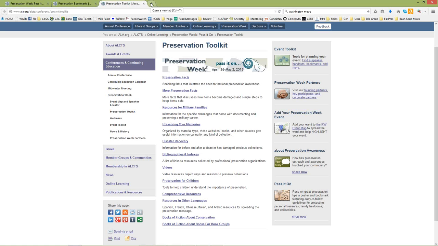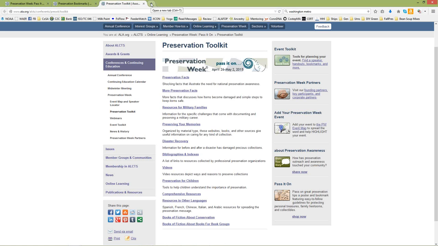Also, if you've got any sort of national conservation institutes, for example in the U.S. we have the American Institute for Conservation, there's the Canadian Conservation Institute in Canada, and there are several of these around the globe.